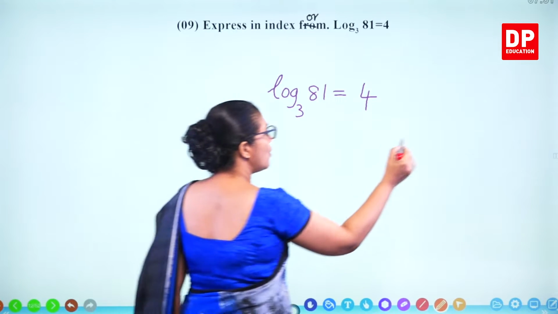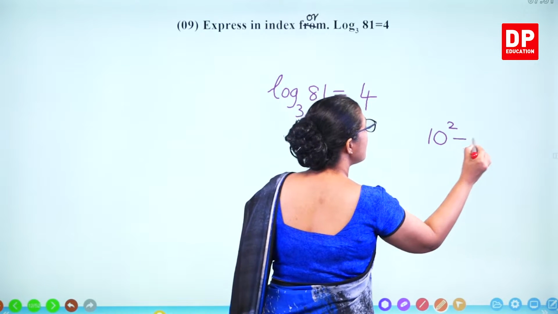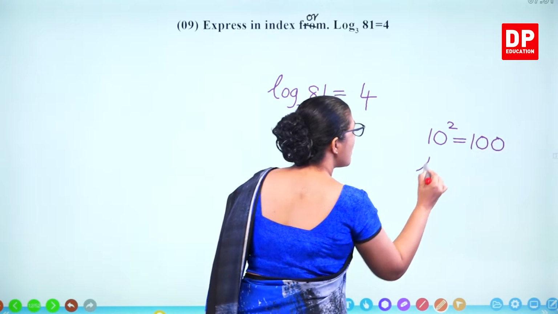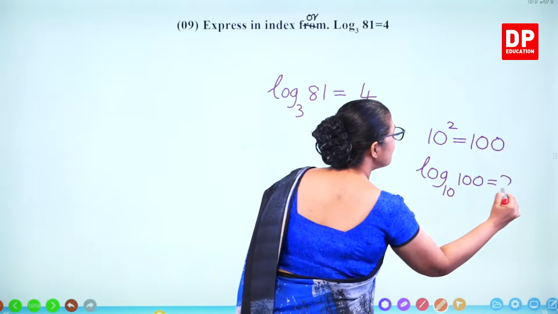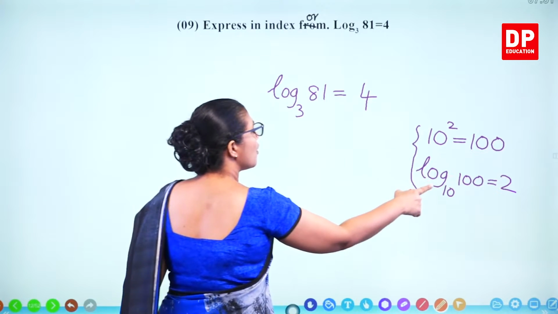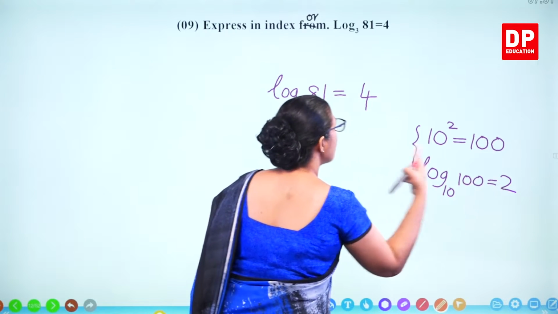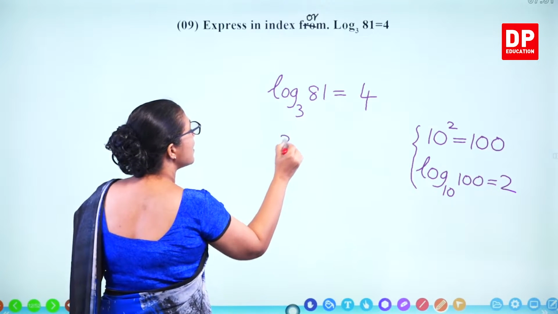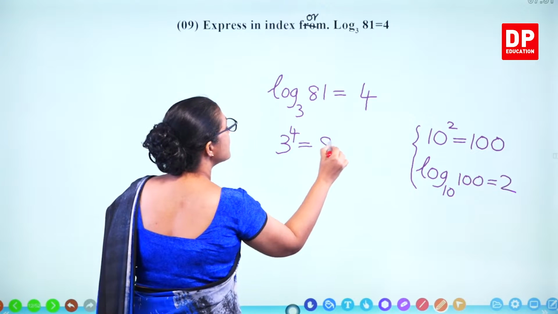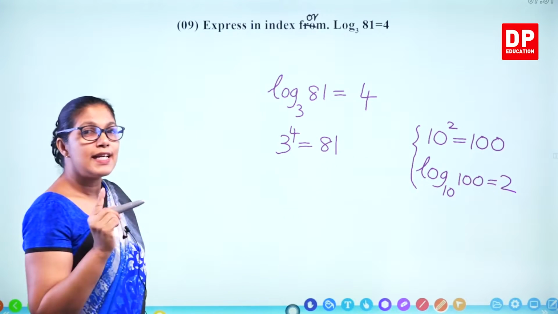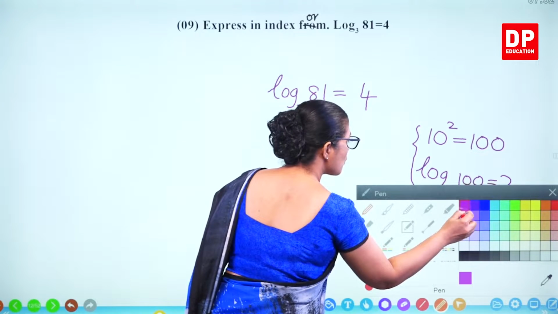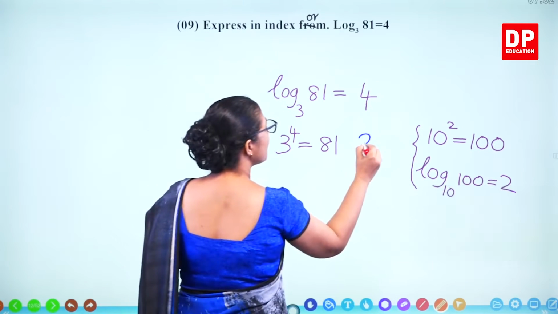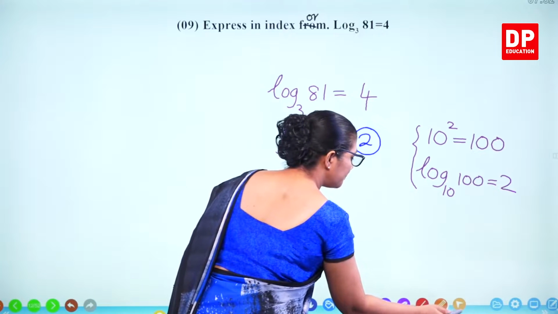So we know 10 squared is 100. Remember this one, log base 10 of 100 is 2. Now 10 squared is 100. So likewise you can write 3 to the power 4 is 81. So that's the index form. So you get 2 marks for this question.